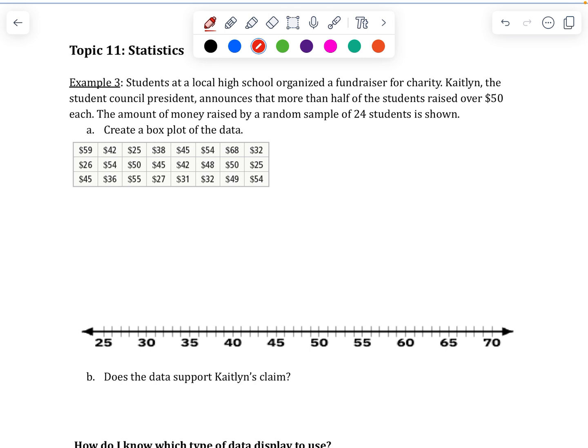So this is not very much fun when they're like this because they're all out of order. So the first thing we need to do is order the data from least to greatest.